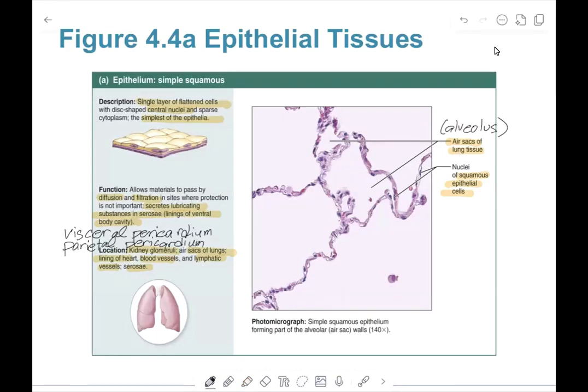So it's super easy for oxygen and carbon dioxide to diffuse across the membrane. Once they diffuse, they go directly into the pulmonary capillaries and then travel back to the left side of the heart where they're going to then go to the entire body.